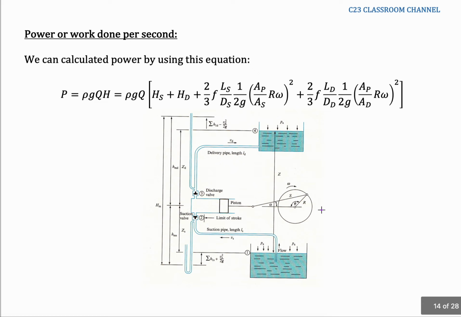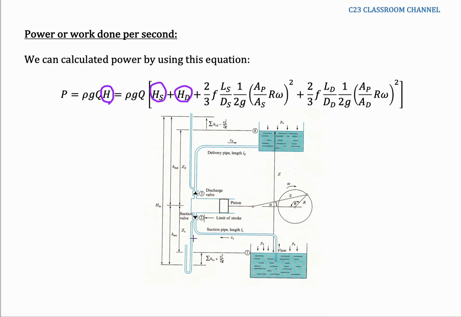Now, work or power done per second. We can calculate the power using this equation. The power can be calculated using rho g Q H, and then we need to substitute the value of H here. The H here is the total head, reflecting the pump capability. The HS and HD here are the suction head and delivery head.